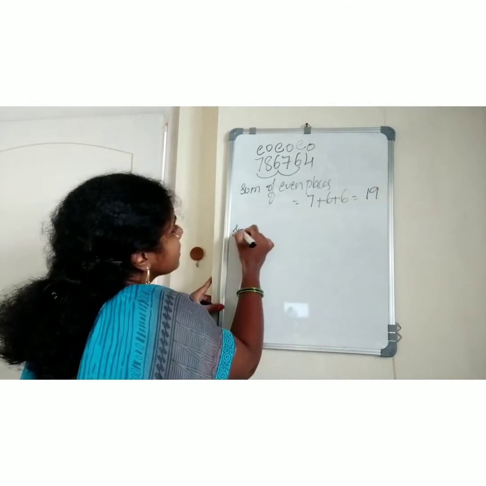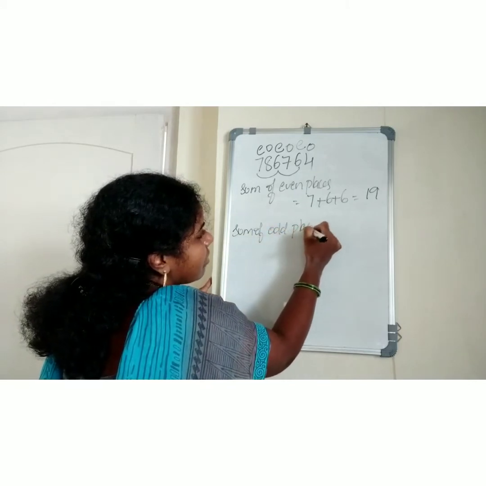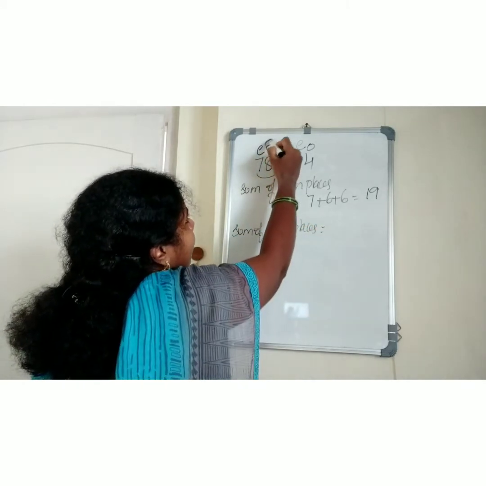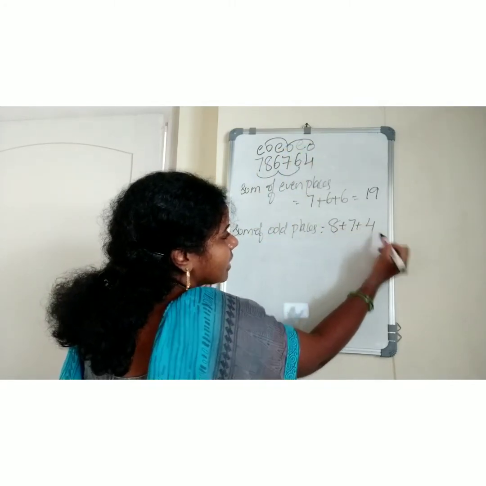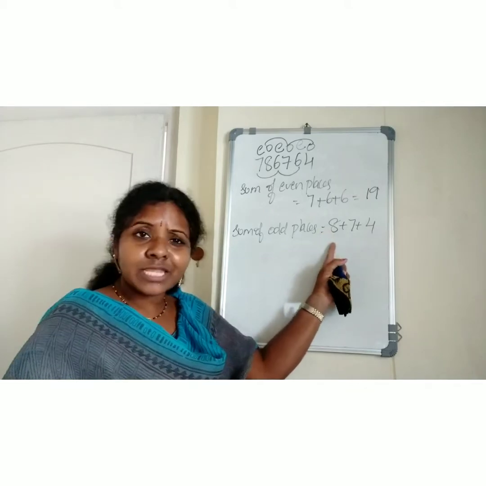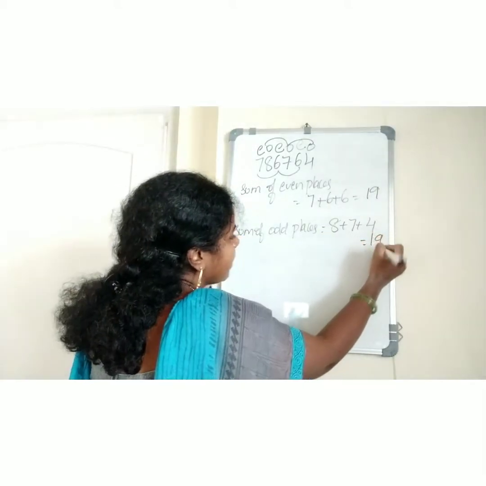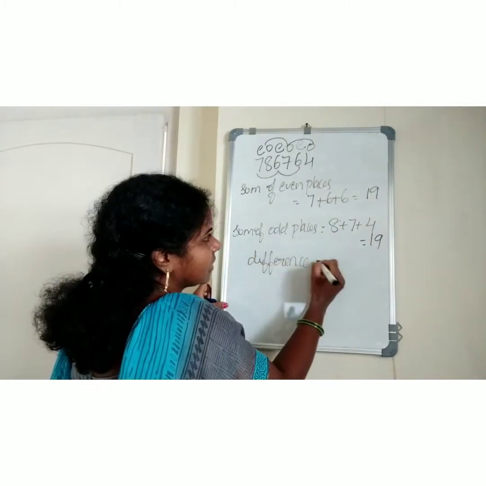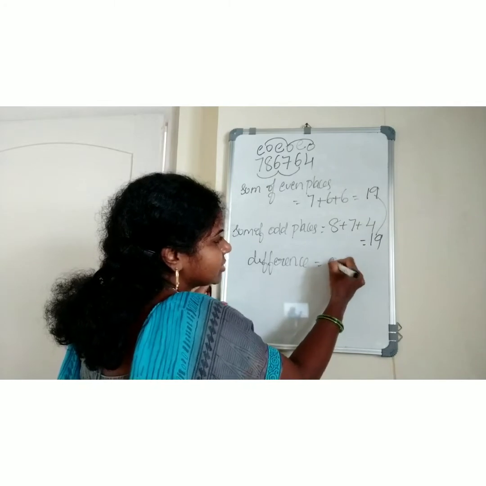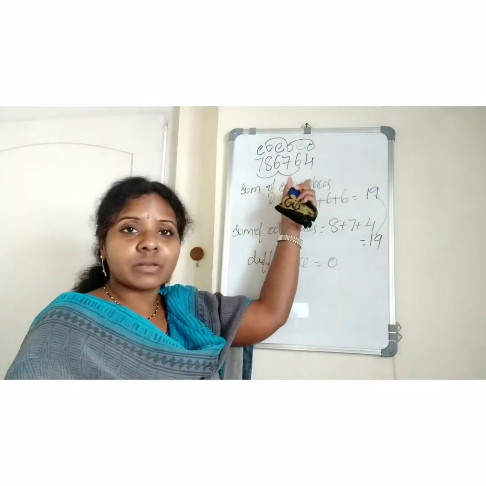Now, sum of odd places is equal to 8 plus 7 plus 4. 7 plus 8 is 15. 15 plus 4 is also 19. Now the difference is 19 minus 19, 0. Here also we got 0. So the given number is divisible by 11.